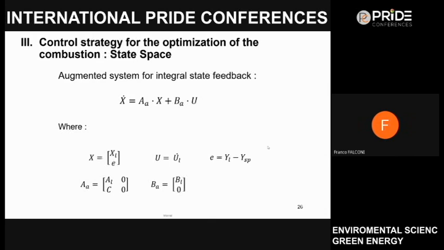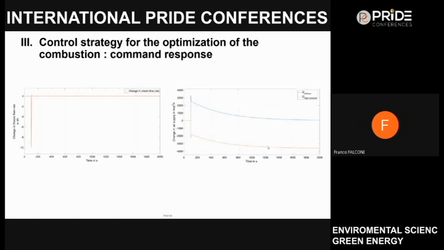To do so, we are obviously going to create the augmented system in order to add the integral state feedback. And once we've done this by using these equations, we can perform the linear quadratic regulator.